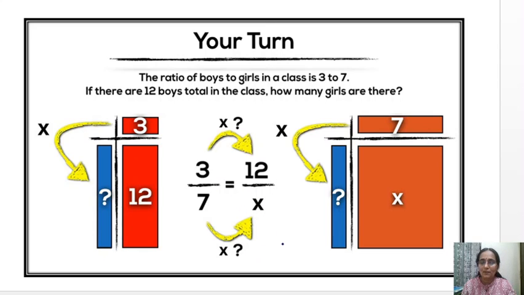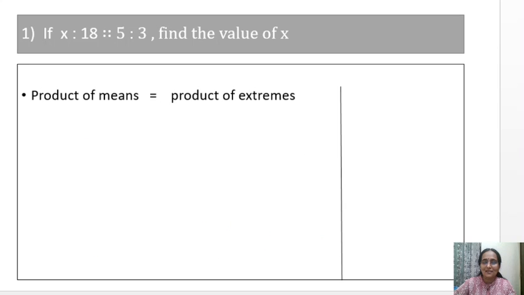By cross multiplying, it is 3x equals 84. You can find out x by dividing 84 by 3. Transposing 3 to the other side, you will get the value of x, thereby you will get the number of girls. That's how you should use the property of the proportion to solve the sums.